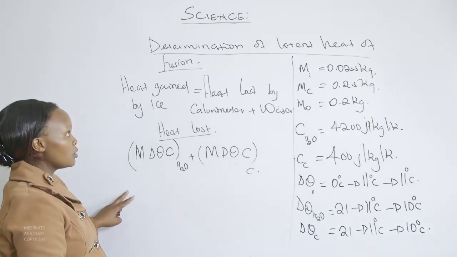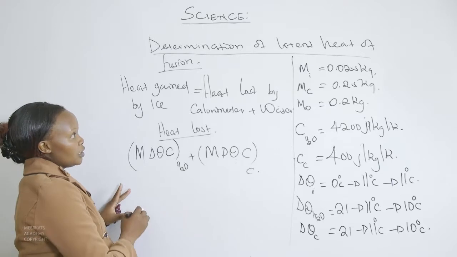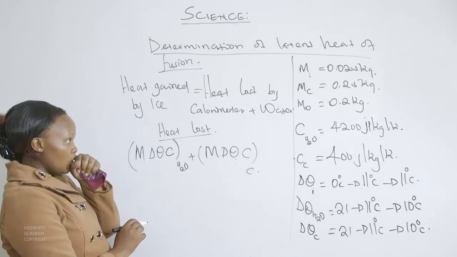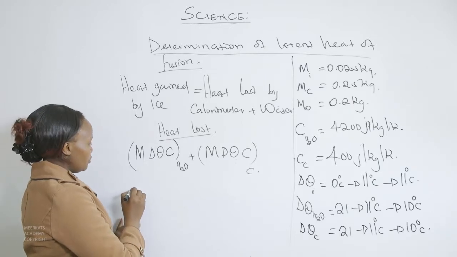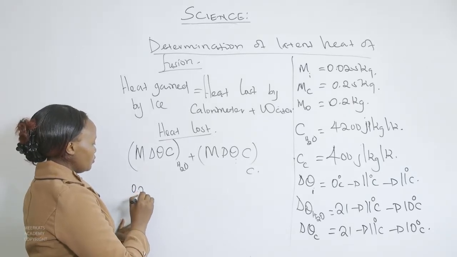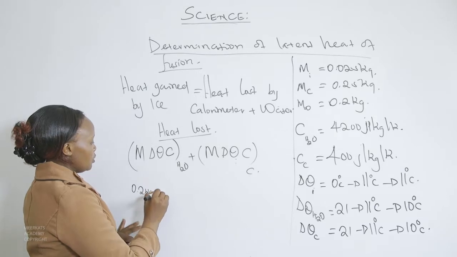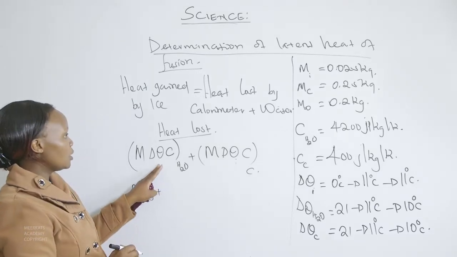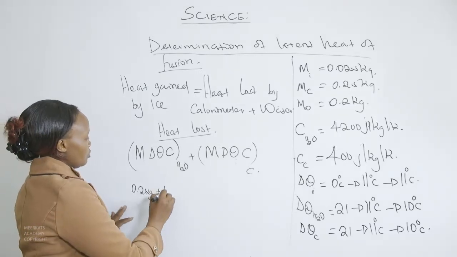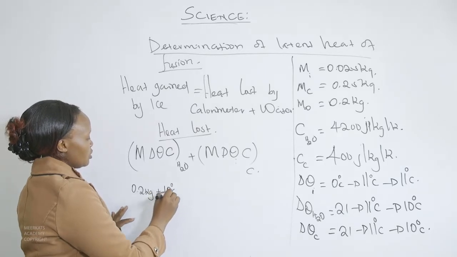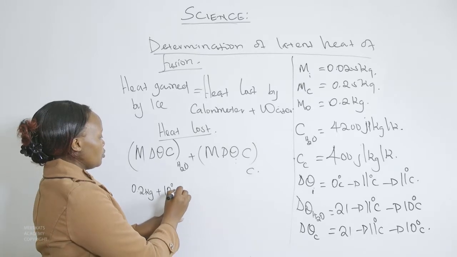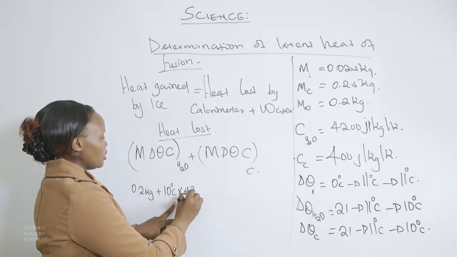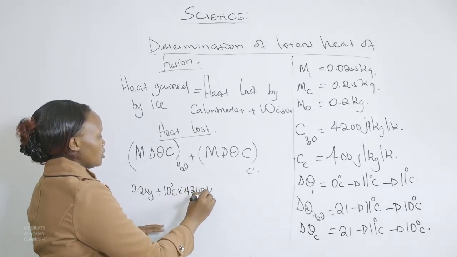Now, let us substitute in the equation. The mass of water is given as 0.2 kilograms. We multiply by the change of temperature, which is 10 degrees centigrade, and by the specific heat capacity.